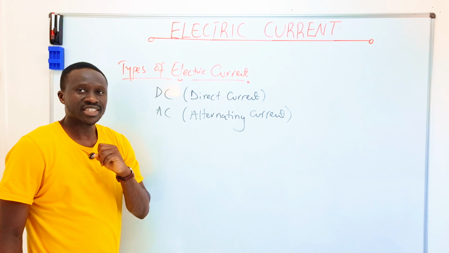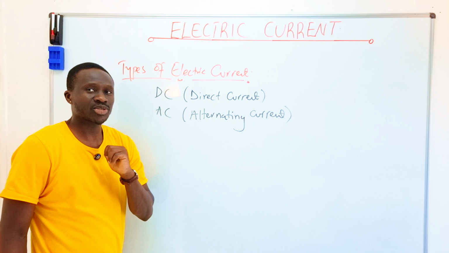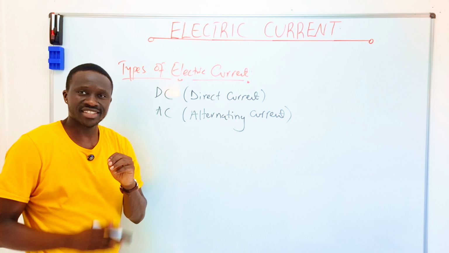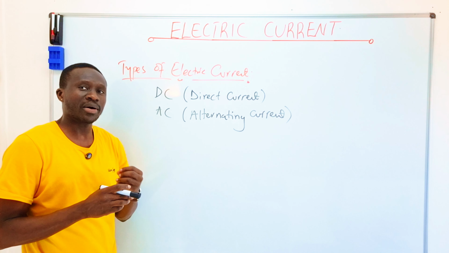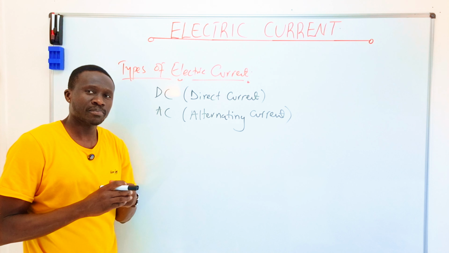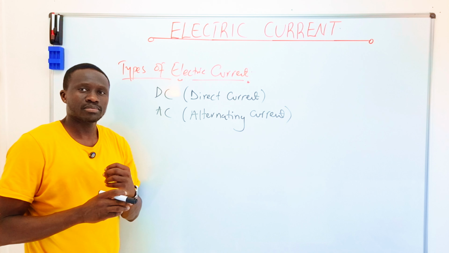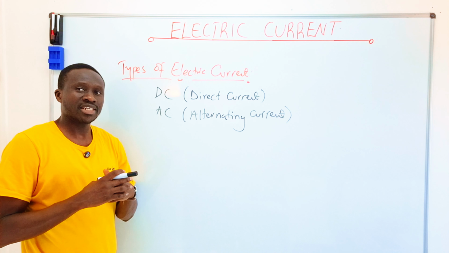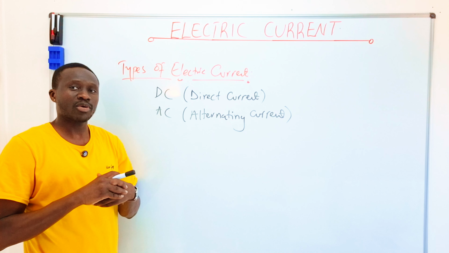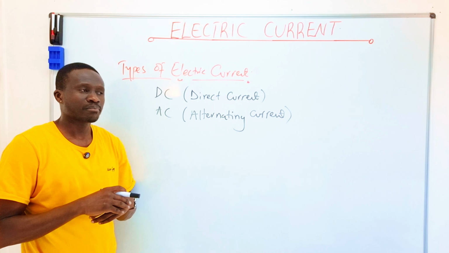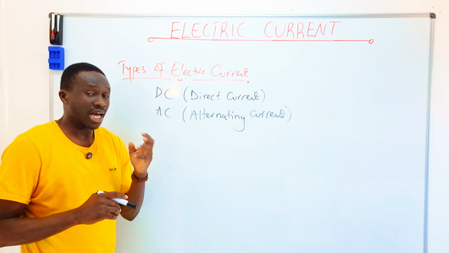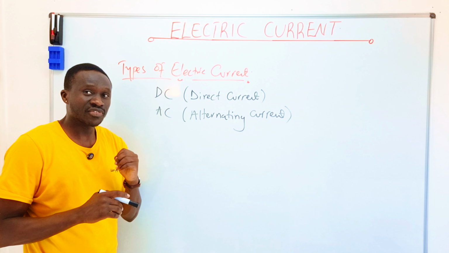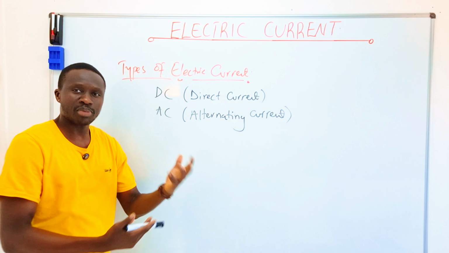DC current is the current which we use in our electronic gadgets. Phones use a battery to power them. That is DC. Some DC power supplies power our gadgets. Laptops and TVs use DC power.